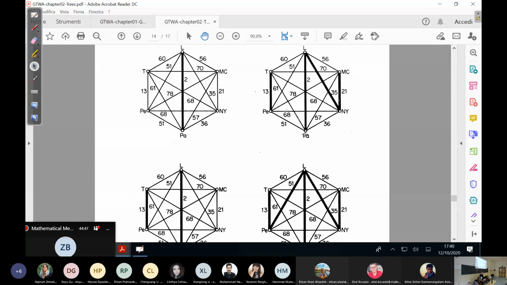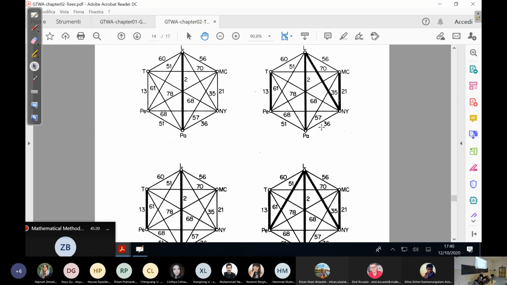It is longer from Paris to New York to go through London because it's 2 plus 35, while directly it would be 36. Still, there is a path from Paris to New York, and so we keep it. We do not want to have a double situation. This would add fuel to what we have to spend. And so we do not put 36, even if it is the smallest available.